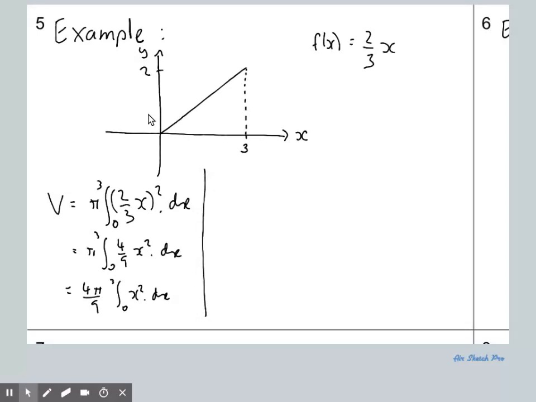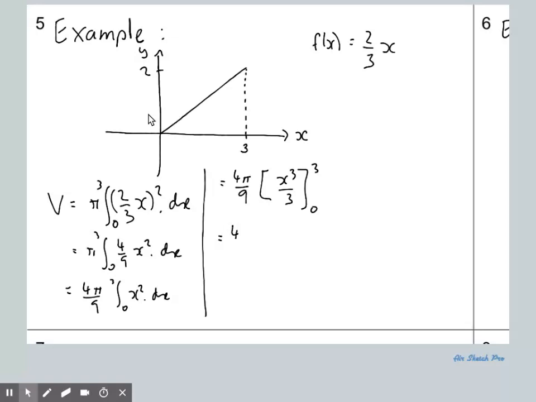Okay, so I'm just left with x squared dx, and now I'm going to find the definite integral of that. So that's equal to 4 pi on 9 times x cubed on 3 between 3 and 0.